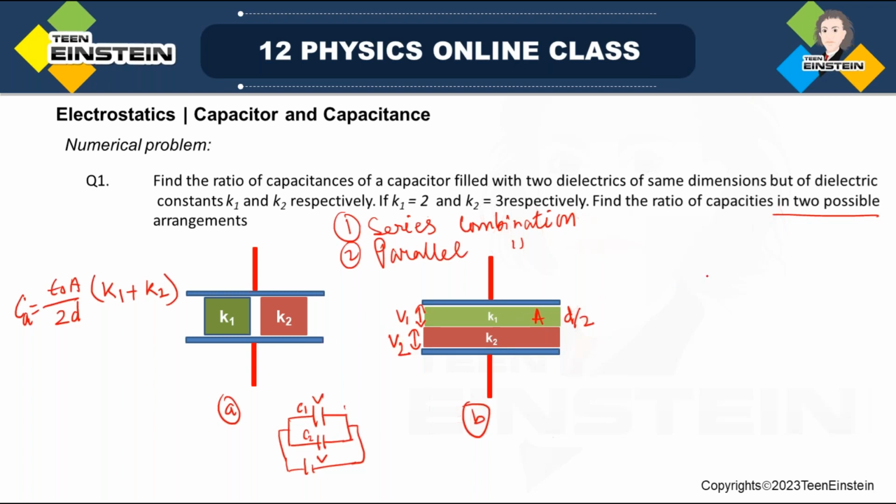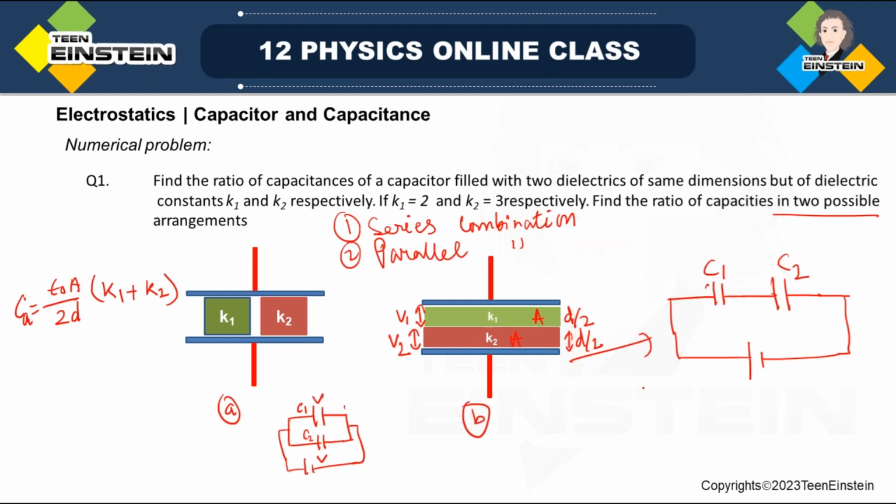Potential gets shared in series combination: the total potential of the battery gets shared among the two capacitors, C1 and C2. This is the equivalent circuit we have got, each having D by 2 thickness, and the area is the same for both.